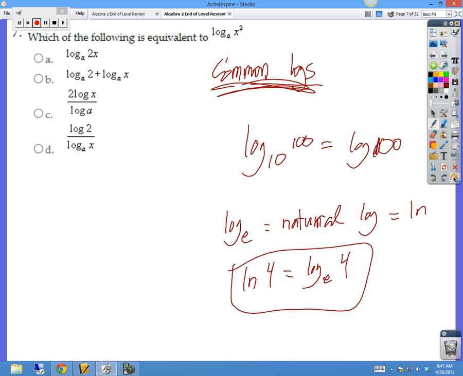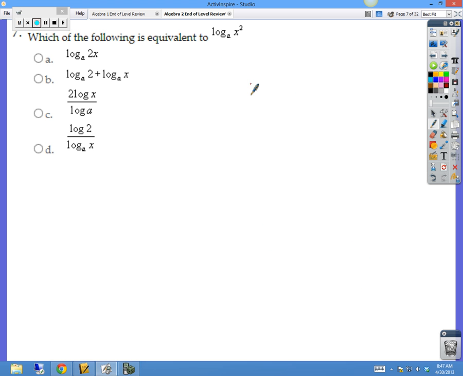So now, check this out. If you have log base A of x squared, you can change it to be any base you want.